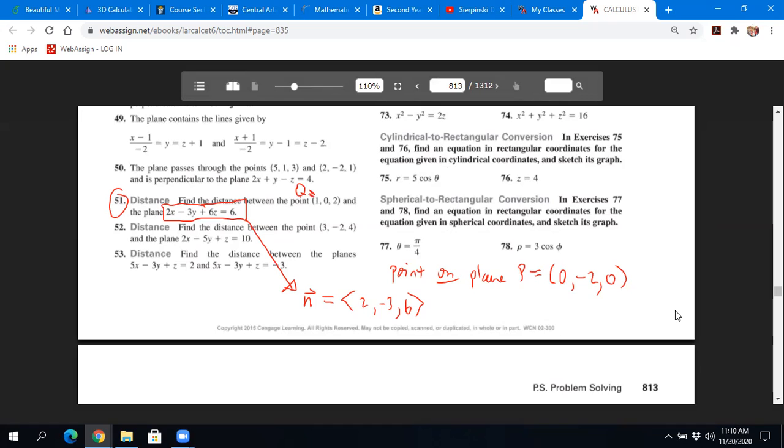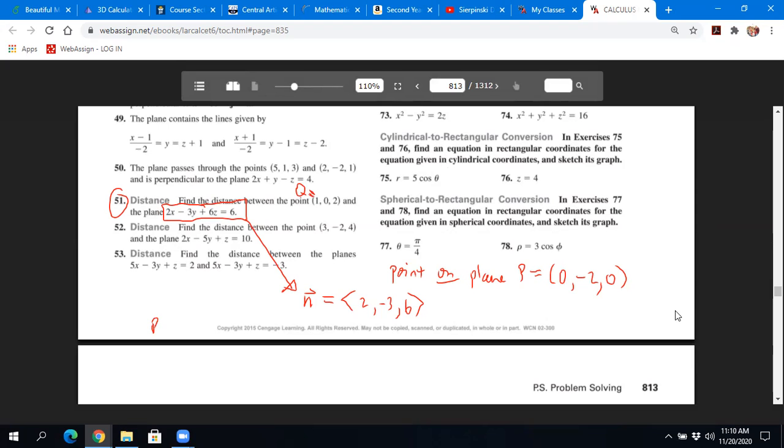And that involved computing the dot product. In the end, using a little bit of trigonometry, we realized that the easiest way to get that projection was to take the dot product of the normal vector with PQ as a vector, and then divide by the length of the normal vector. Yes?